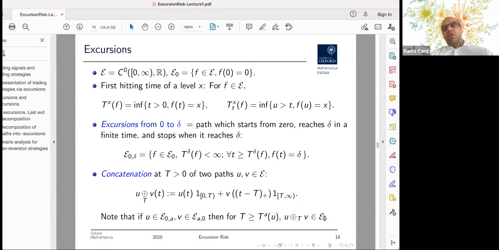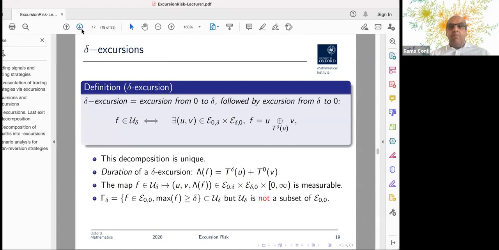It starts from 0, reaches a, goes along u until it reaches a, and then goes along v back to 0. This is an operation we will use now. Okay, so now I'm ready to define what I call a delta excursion.